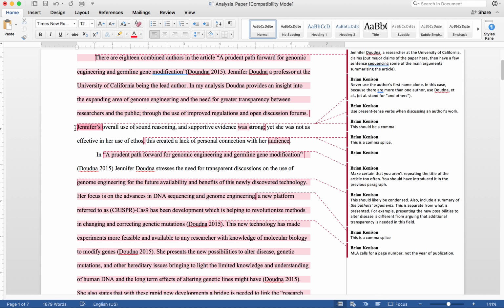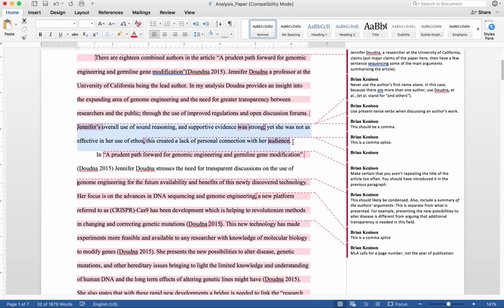And so here you have the thesis or the claim that the student is now making. So Doudna et al.'s overuse of sound reasoning and supportive evidence was strong, yet she was not as effective in her use of ethos. This created a lack of personal connection with her audience.